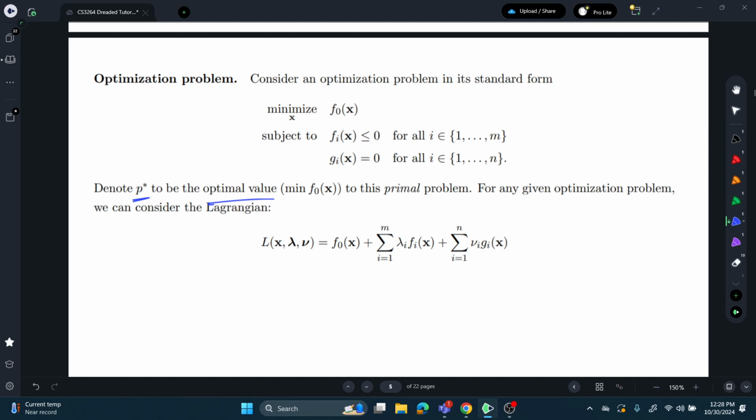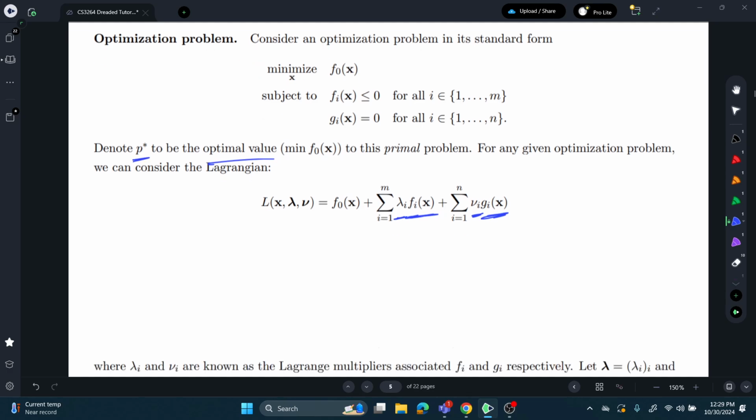This is essentially saying I'm multiplying a multiplier to every single constraint. For any inequality constraint, I multiply by this lambda. For any equality constraint, I multiply by this nu. Why do we separate this? We will see this later on. There's a specific meaning for each. Any questions? So we multiply this by lambda and this by nu.